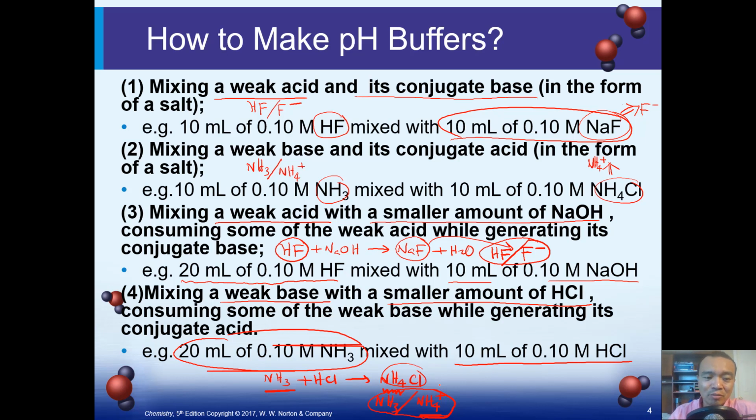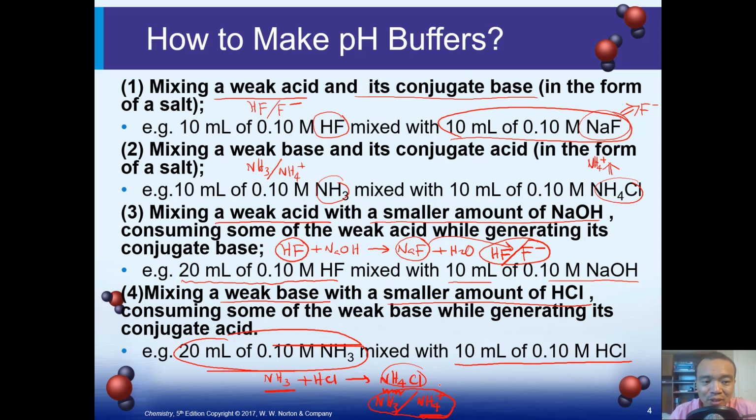To summarize, we have 4 different ways to make a pH buffer. You can directly mix the weak acid with its conjugate base, or mix the base with its conjugate acid. Or you start with a weak acid and react it with a smaller amount of NaOH, which means not all of the starting weak acid is reacted.